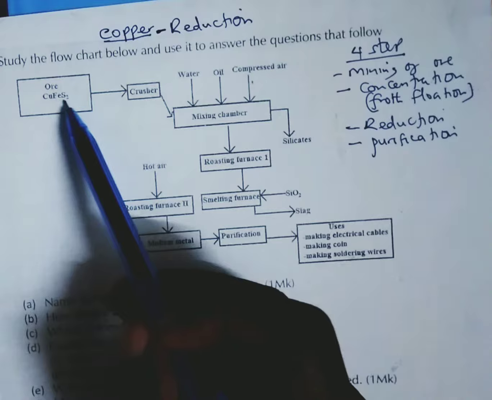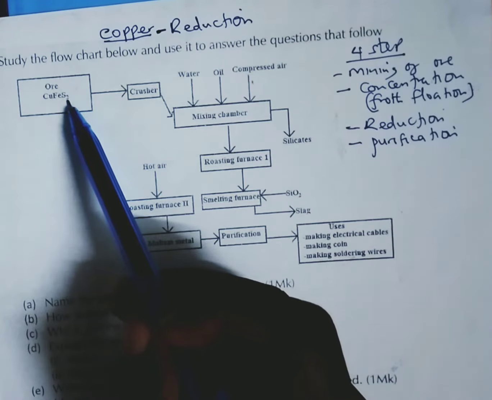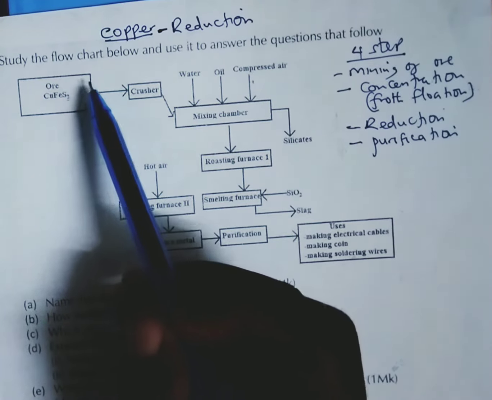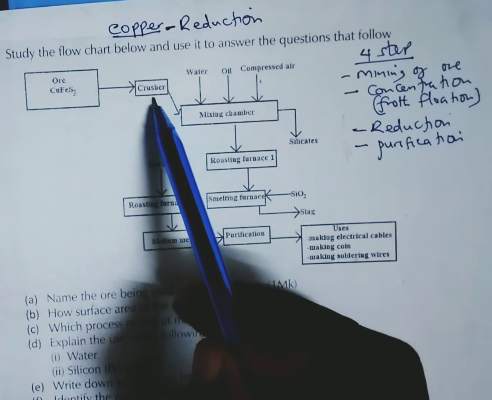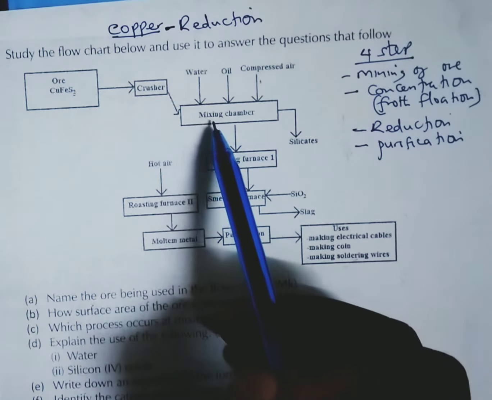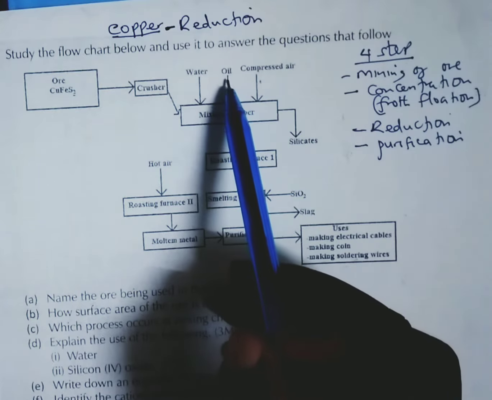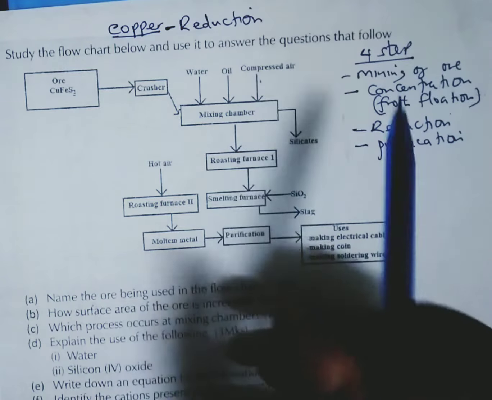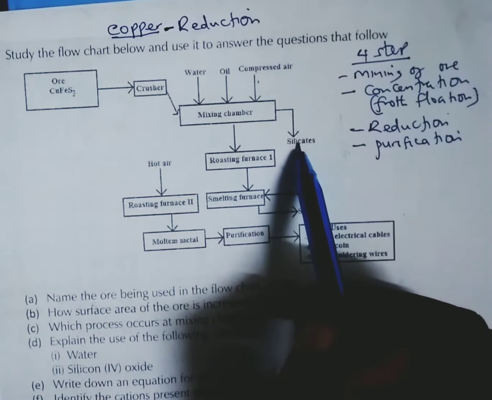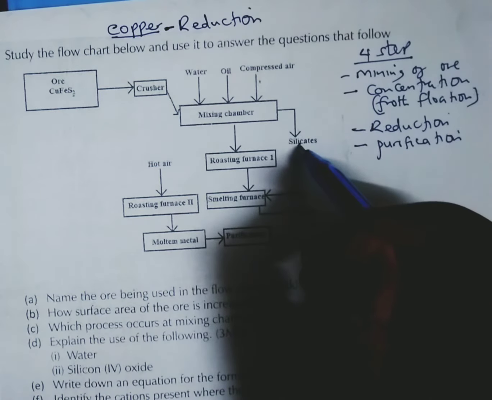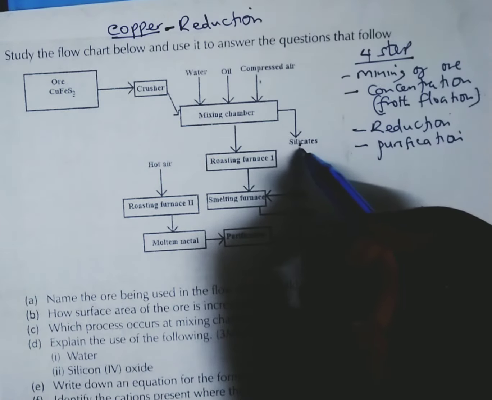We have the copper pyrite, which is the chief ore for the extraction of copper metal, where it is crushed and mixed with water and oil together with compressed air, and what is coming out is the silicates. And remember, the main silicate here is iron 2 silicate.